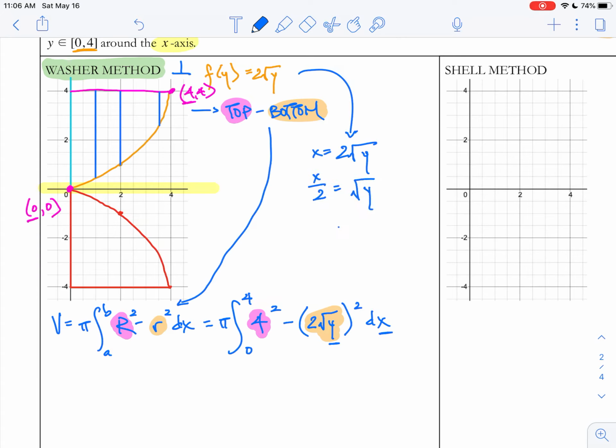Then I'm going to square both sides. Now, x squared over 4 is what I should use instead of that 2 square root of y, so that all of my letters match. Okay, let's plug that in, and then we will simplify, and then we will integrate.